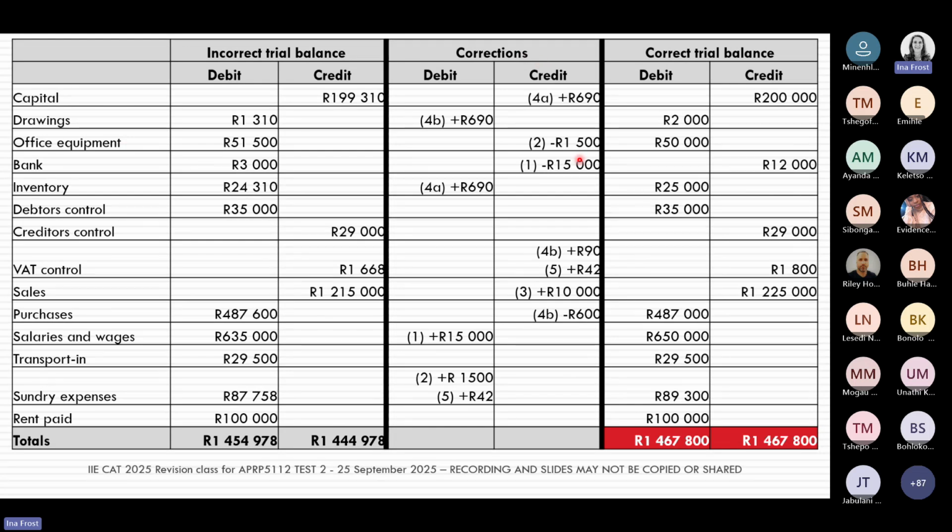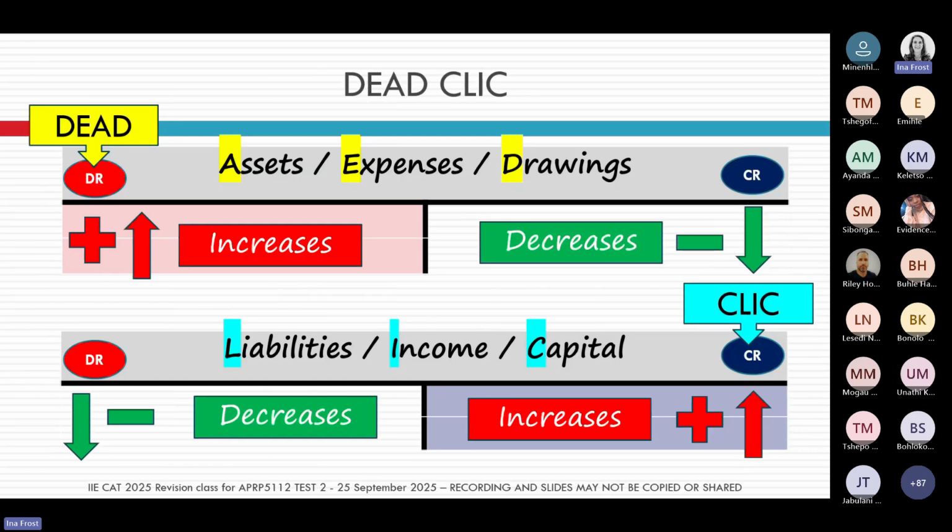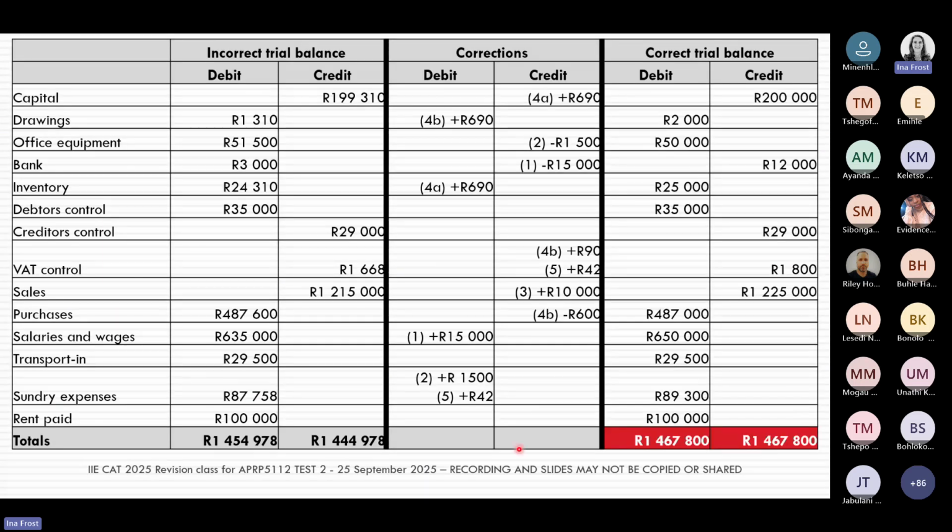Okay, so you have to make sure that you know your debit click rule so that you will know whether I need to make the correction in the debit column or in the credit column, and what the debit and the credit mean for that type of account. So we're going to make all of our different corrections. And as I said, I would recommend you first try this question at home.